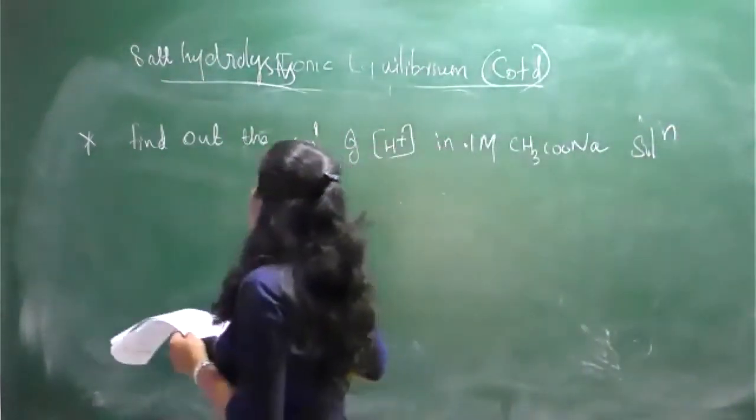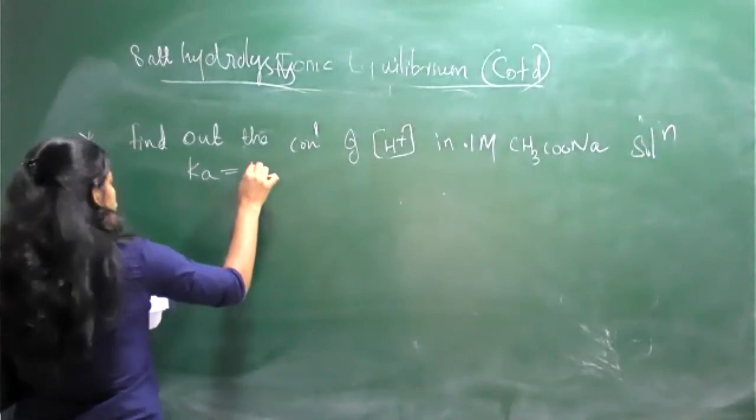Okay, Ka is given to you. Ka is equal to 10 to the power minus 5.